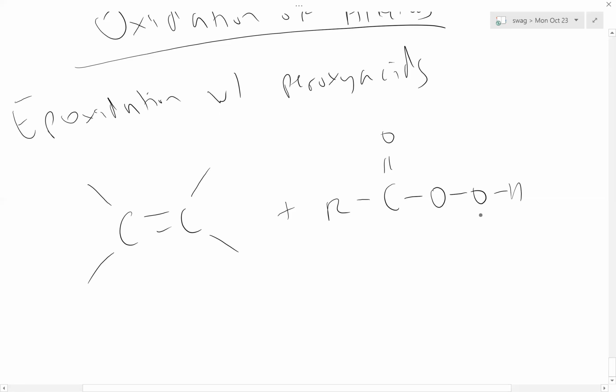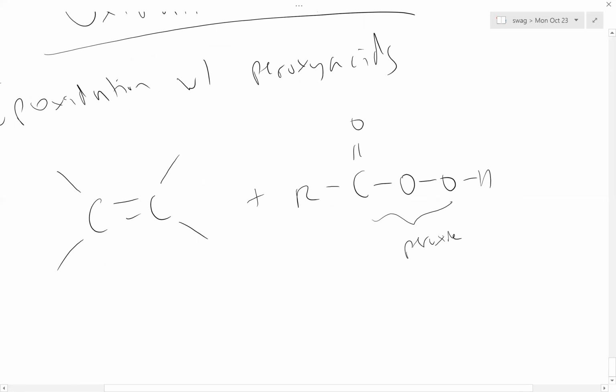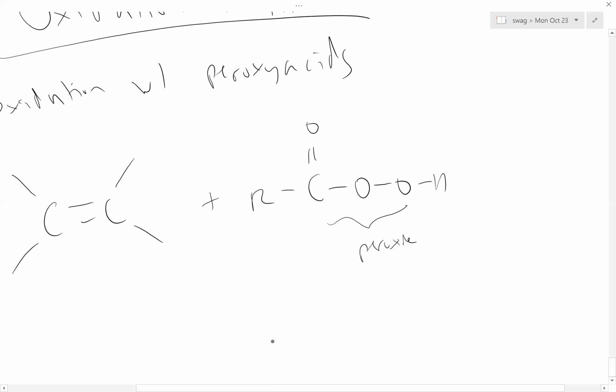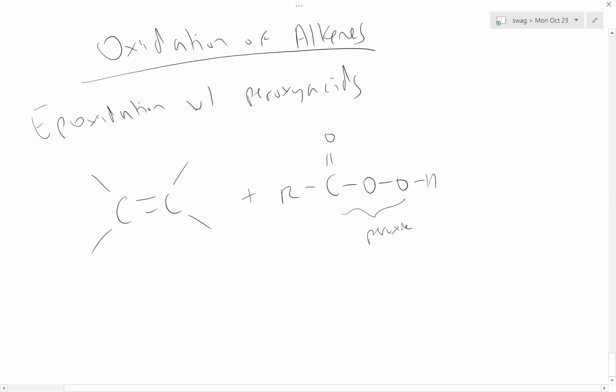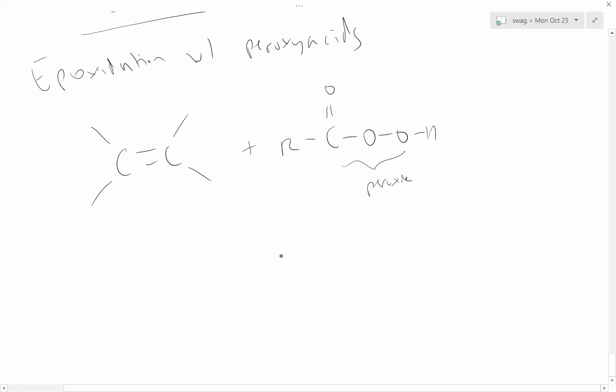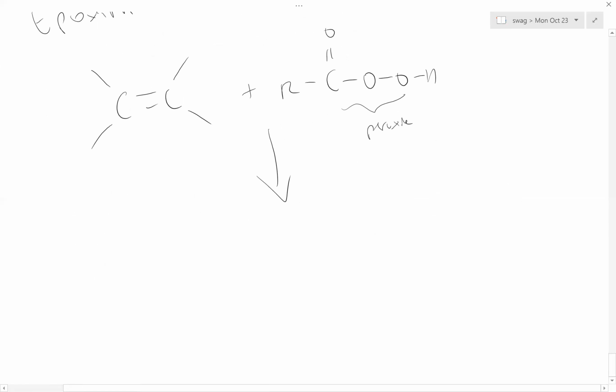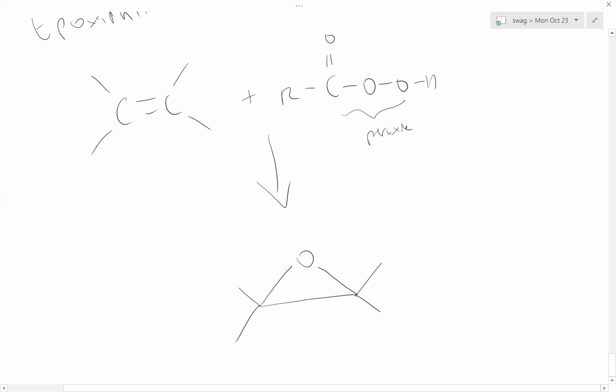This is like peroxide. So it's called peroxy acid. So you have some R group bonded to C double bond O bonded to OOH. And when these two react together, they give you something that looks like this. This is called an epoxide.